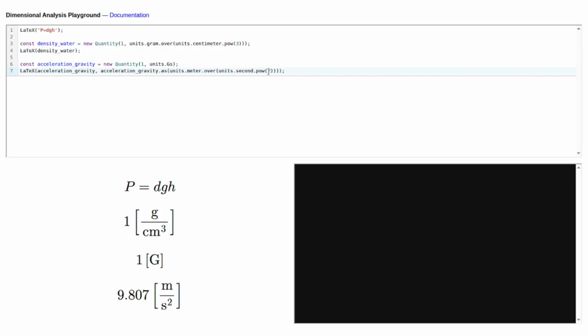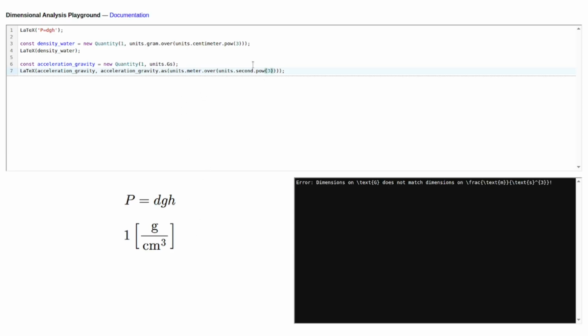Now look what happens when I change the unit conversion to where the dimensions are not compatible. So if I try to set gravity to meters per second cubed, we're going to get an error over here where the dimensions on g don't match the dimensions on meters per second cubed. So then you know that there's a problem here.